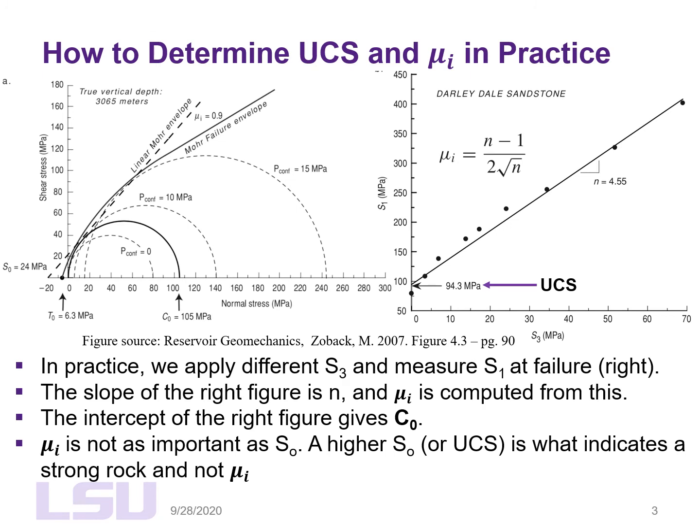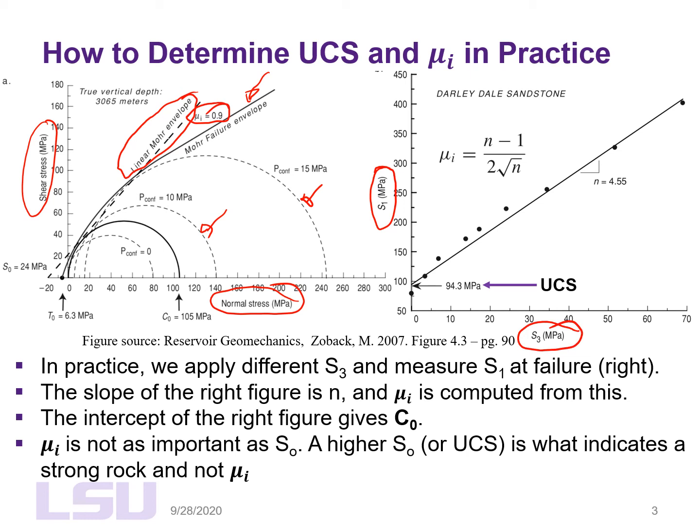And here I'm just illustrating, if you had drawn a curve through it, you will have got the failure envelope, but we can approximate with a straight line like I explained previously. Here the slope is 0.9, and all of these are actual circles based on an experiment. And instead of working in this form where you're plotting shear stress against effective normal stress, we actually in practice work with S1 against S3.